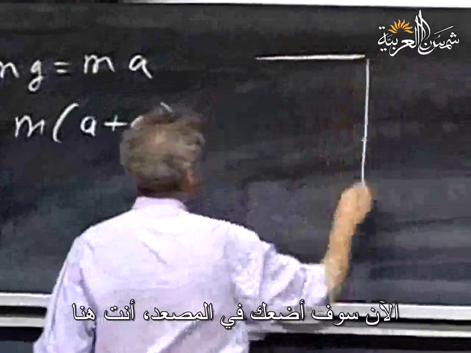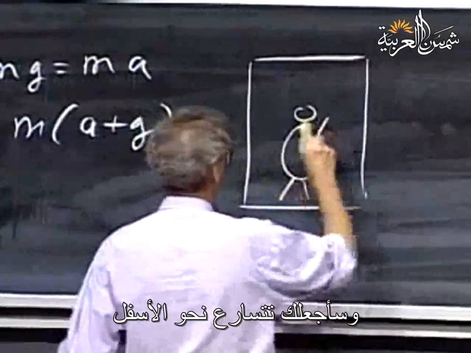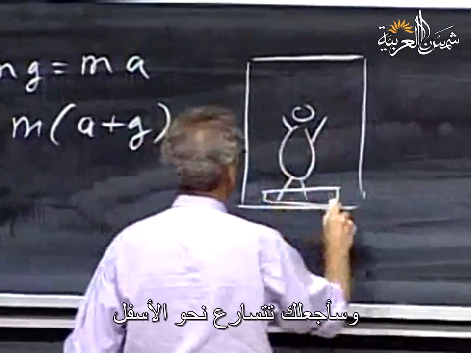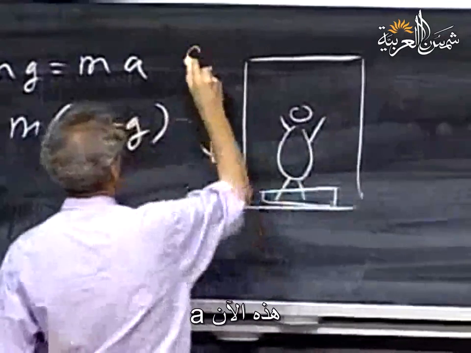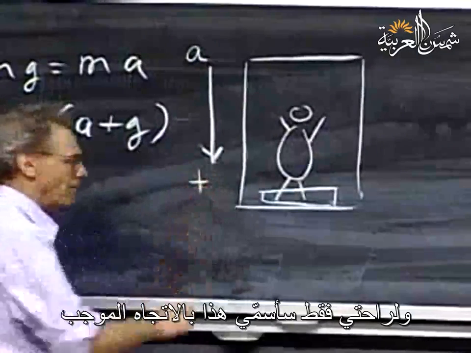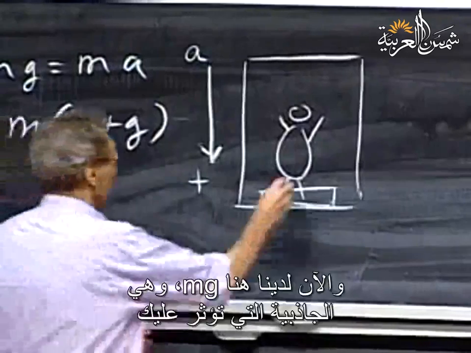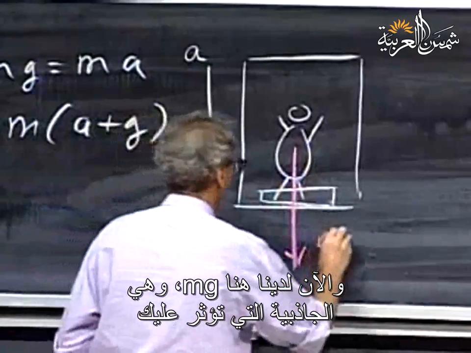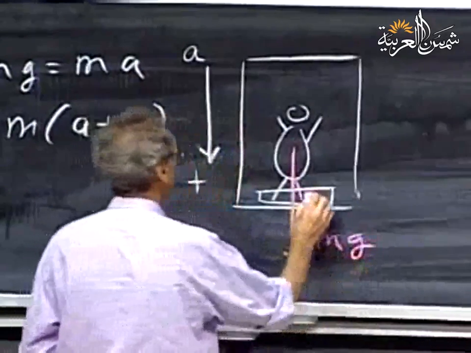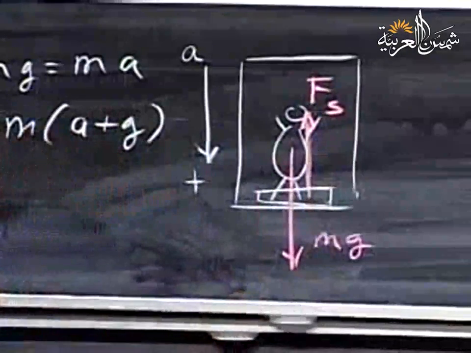Now, I'm going to put you in the elevator. Here you are. And I'm going to accelerate you down. This is now A. And just for my convenience, I call this now the plus direction. It doesn't really matter. So now we have here mg, that is gravity acting upon you, and now you have the force from the bathroom scale.